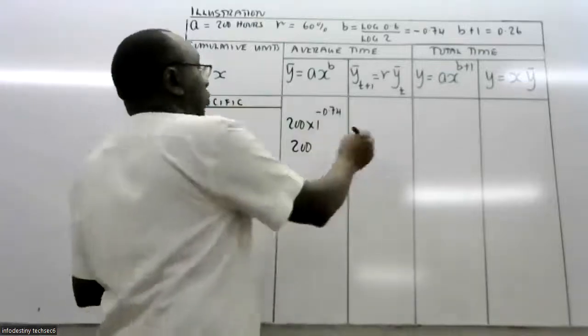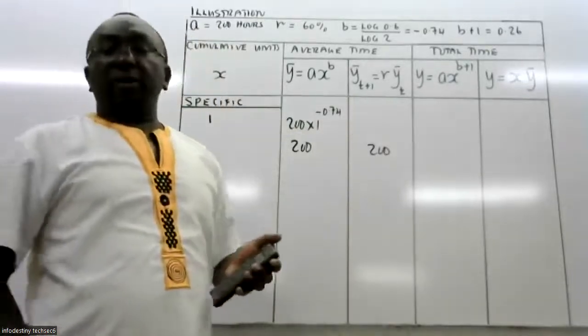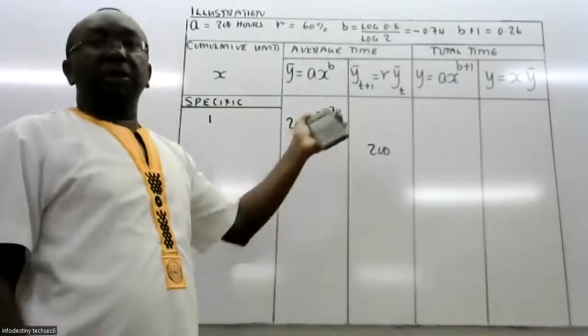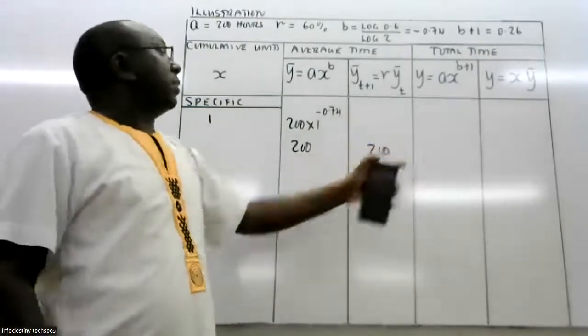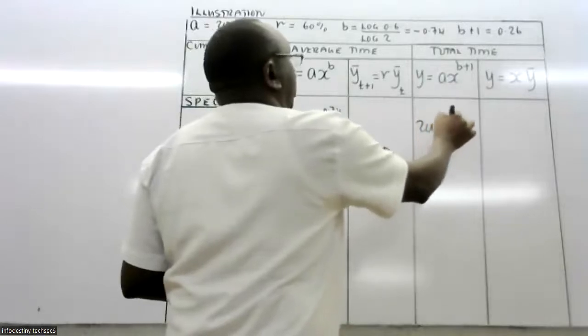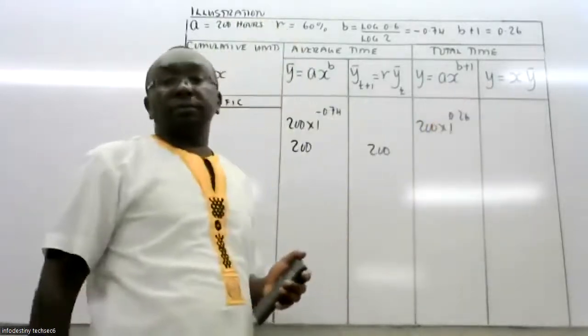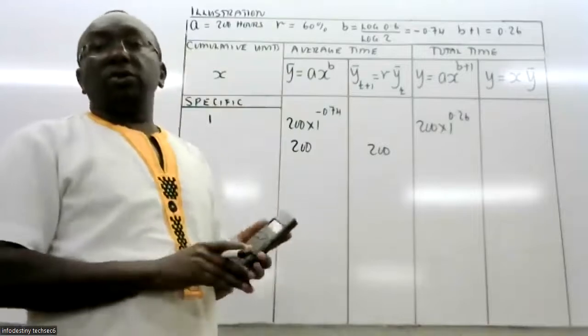For this one, first just write 200 like that. I will explain. It will be visible when you go to the next level. That's when the formula is applicable. When you come here, it will be 200 times 1 raised to power 0.26. So we do the same.